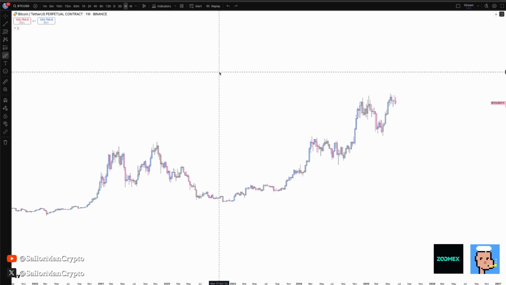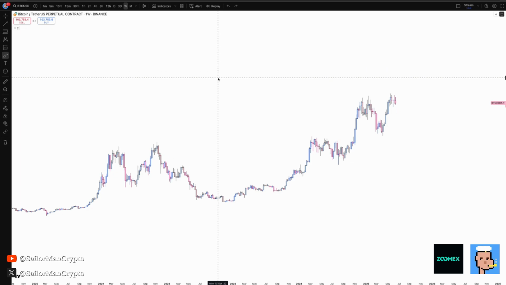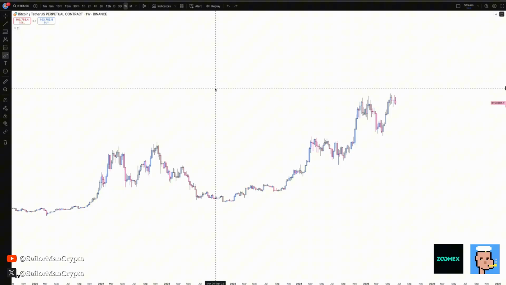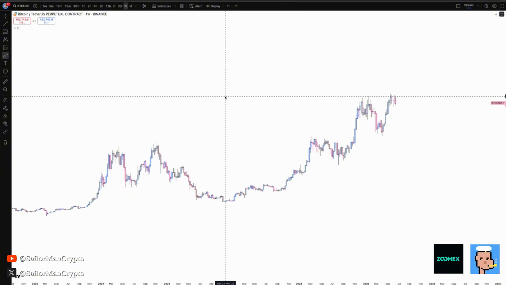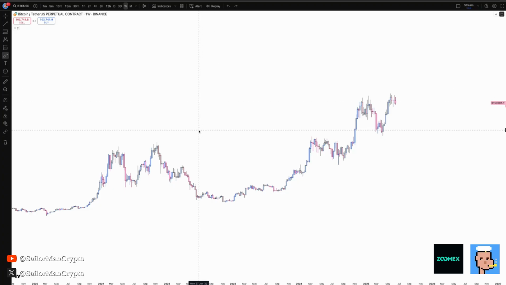So always start by mapping high time frame levels, because this will give you an edge to avoid trading not close enough to these levels, because if you trade far from these levels, usually you get a low conviction setup.